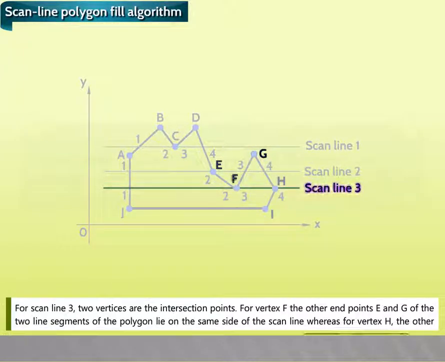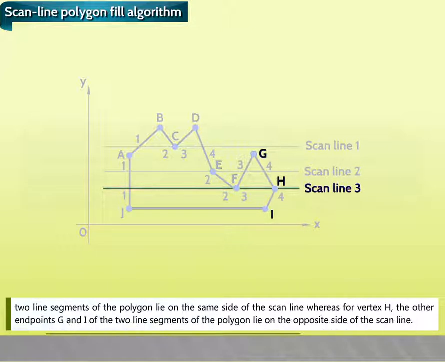For scanline 3, two vertices are the intersection points. For vertex F, the other endpoints E and G of the two line segments of the polygon lie on the same side of the scanline, whereas for vertex H, the other endpoints G and I of the two line segments of the polygon lie on the opposite side of the scanline.